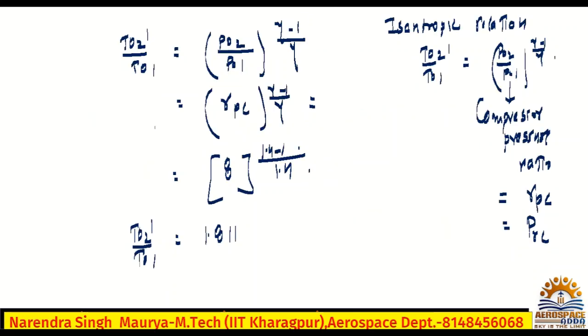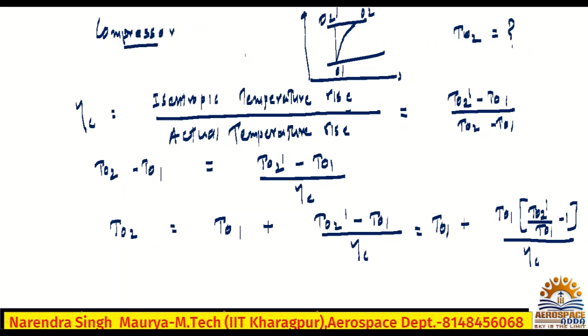So what is T naught 2? T naught 2 is nothing but T naught 1 plus, what is the formula? Here you have written T naught 1 in brackets.